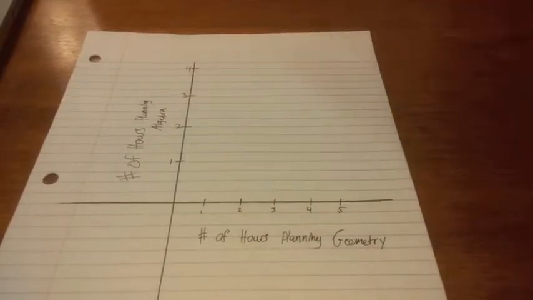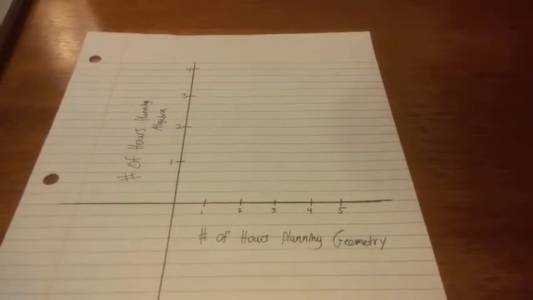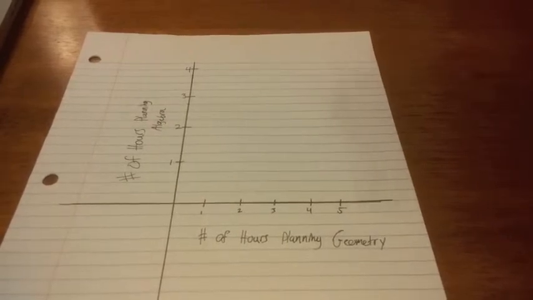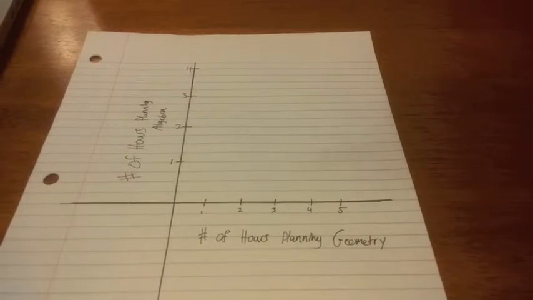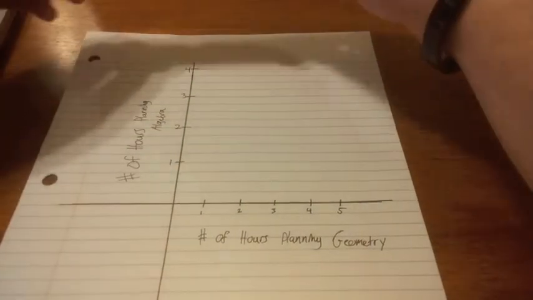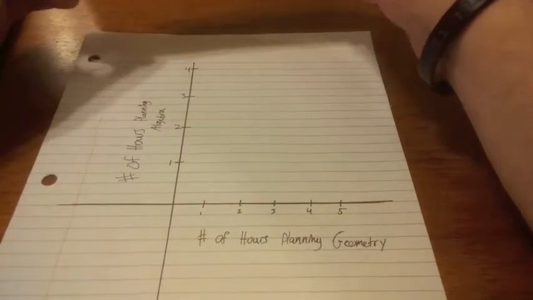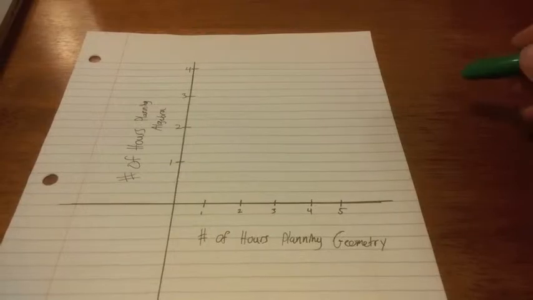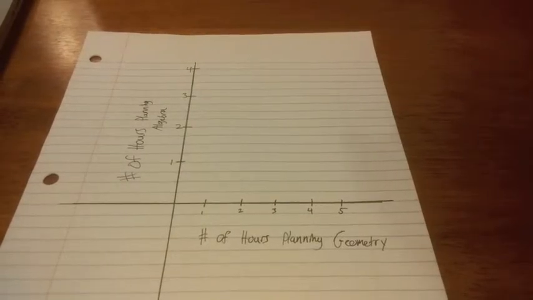All right, so hopefully by now you've found a solution to my problem or you're on your way. So I want to go over it with you. We first stated that I wanted to spend no more than 3 hours on planning both geometry and algebra.